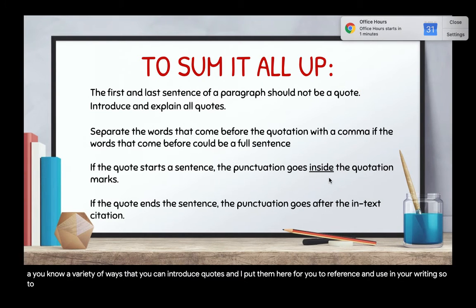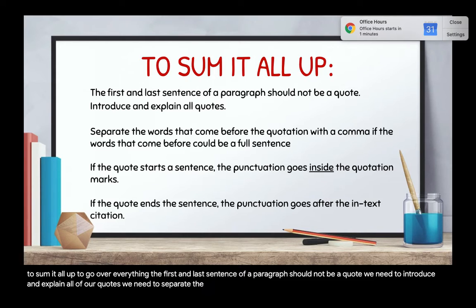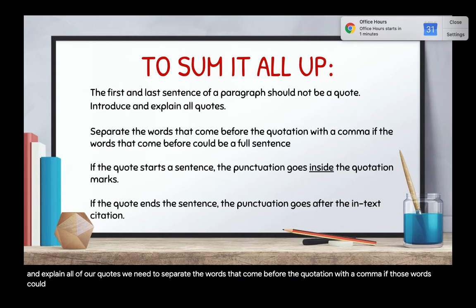So to sum it all up, to go over everything, the first and last sentence of a paragraph should not be a quote. We need to introduce and explain all of our quotes. We need to separate the words that come before the quotation with a comma, if those words could be a full sentence.